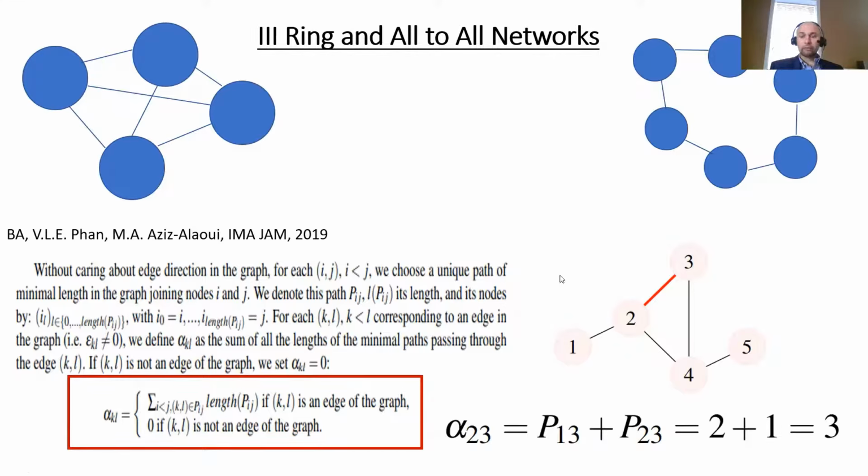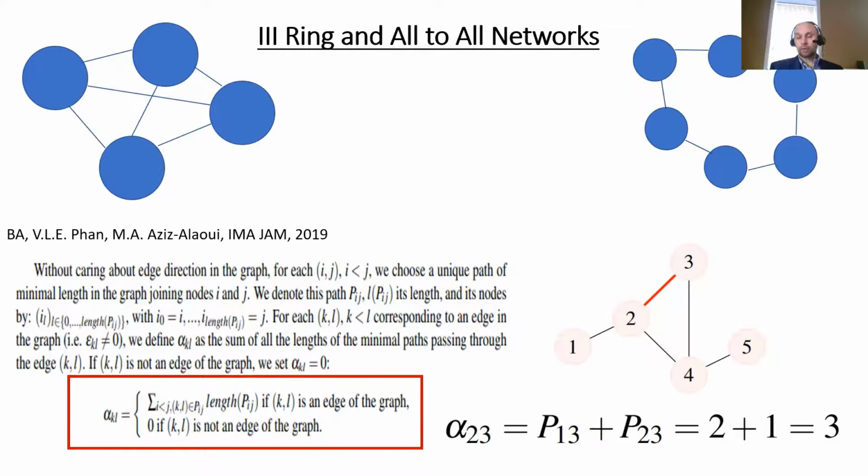For a given couple of nodes, I define the minimal path joining these two nodes. For example, the minimal path joining 1 and 4, I define it to be 1, 2, and 2, 4.